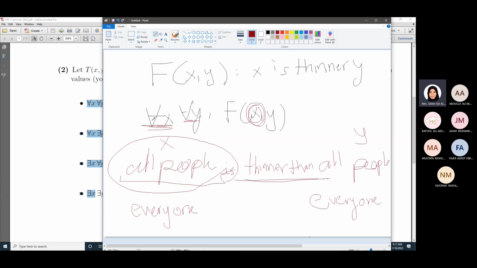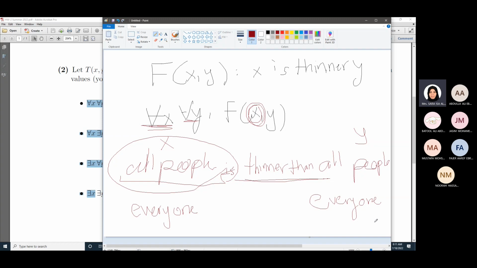Look over X. X is a universal quantifier, so I use all or every. It's up to you. Is there any adjective to X? No, because there is no premise. So I will say all people, everyone. It's up to you which keyword you are going to use. So for all X, for all Y means everyone is thinner than everyone.